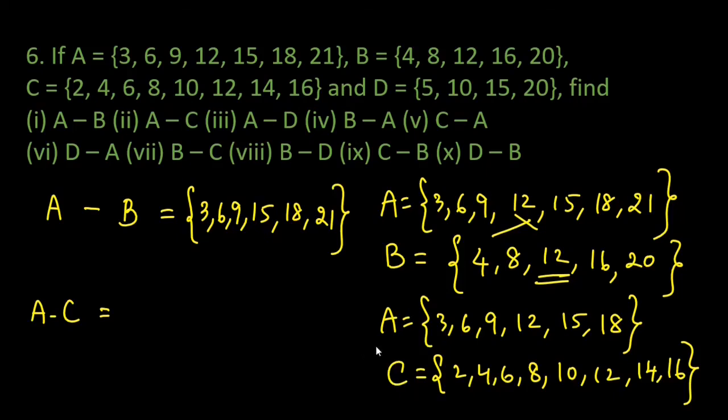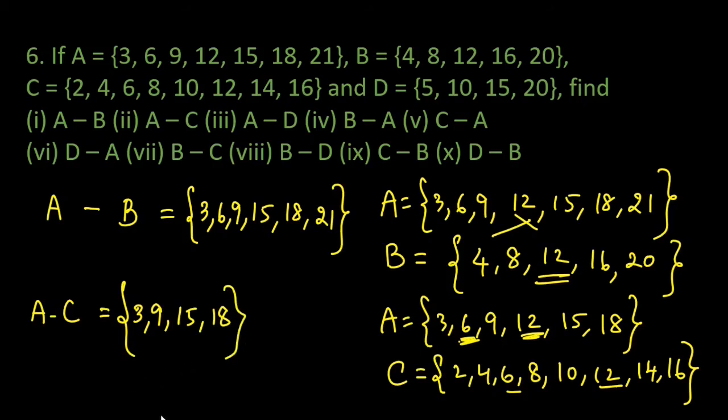Now check which elements of A are in C. 3 is not there in C. 6 is there in C, so in A minus C we should not write 6. 9 is not there in C. 12 is there in C also, so we should not write 12. Then 15, 18 are not in C. So A minus C is 3, 9, 15, 18.